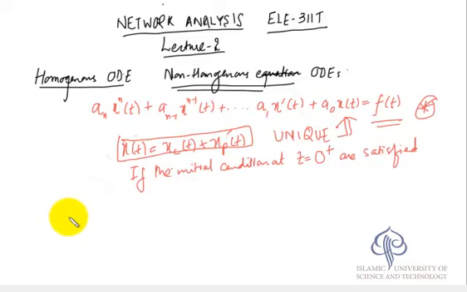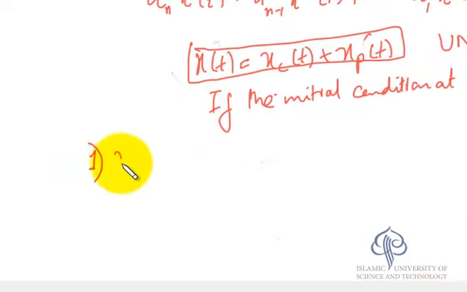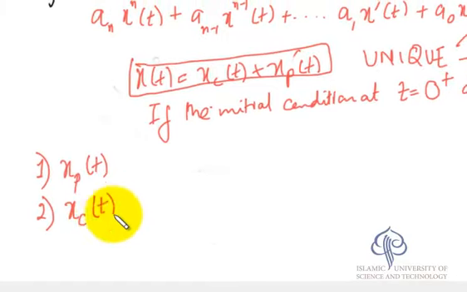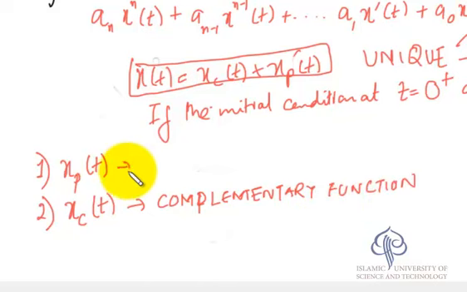So what are the steps required to solve the non-homogeneous differential equation? Number one, we find the particular solution xp(t). Number two, we find the solution called xc(t), which is called the complementary function. This is the solution to the homogeneous counterpart of the differential equation which we are trying to solve. The particular solution is also called the particular integral.